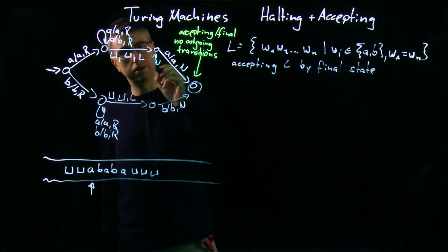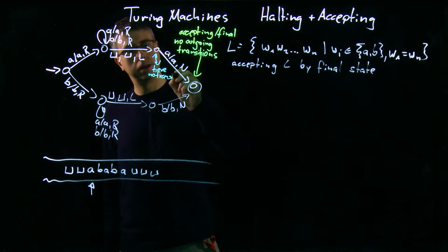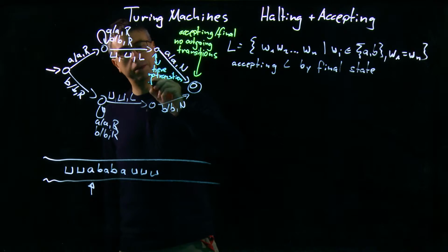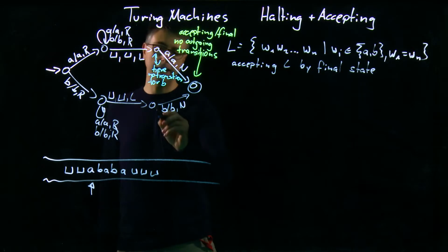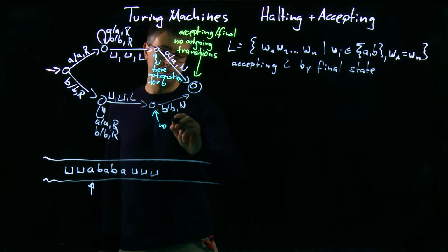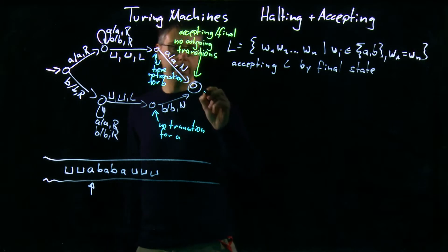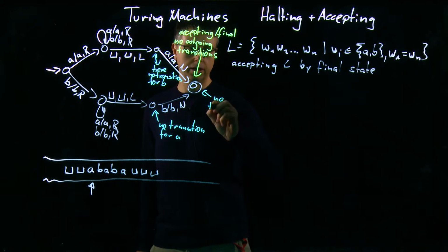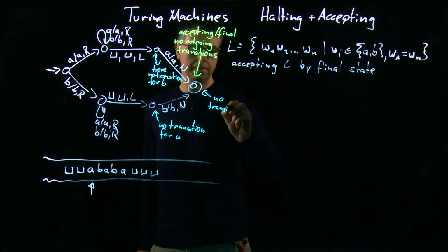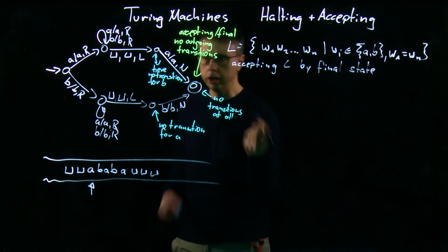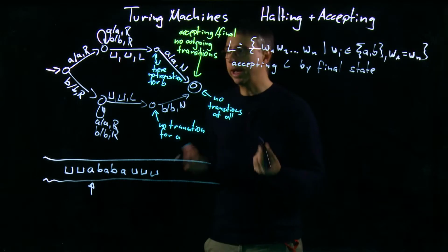Similarly, here's no transition for an A. And here are no transitions at all. In all these states, the Turing machine can actually halt.